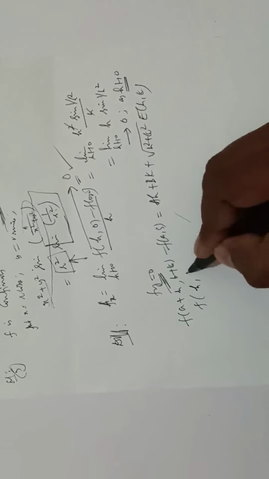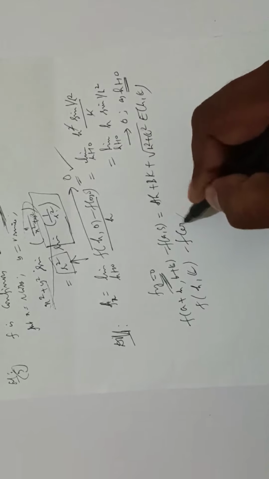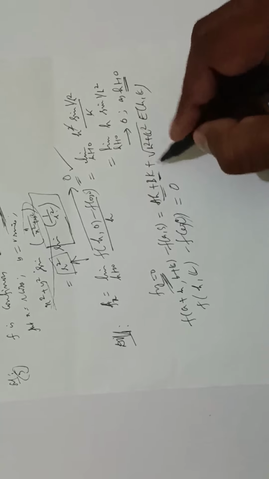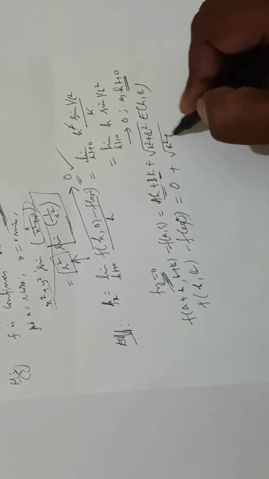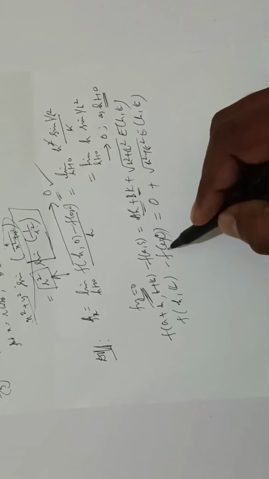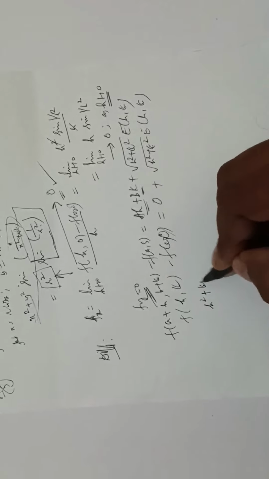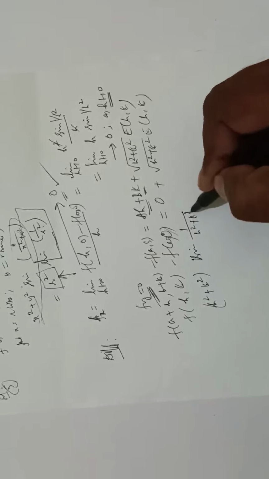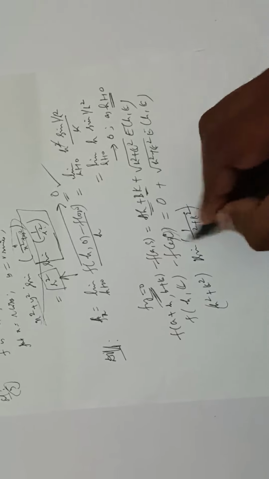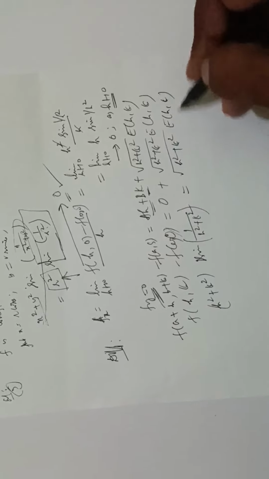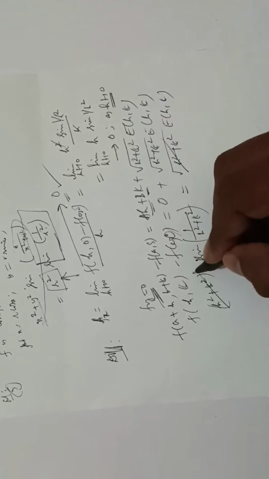So this is f of h comma k minus f of 0 comma 0 equals, this is 0, this is 0, and square root of h square plus k square e of h comma k. f of 0 comma 0 is given as 0, so you will have h square plus k square sin of 1 by h square plus k square equals square root of h square plus k square e of h comma k.